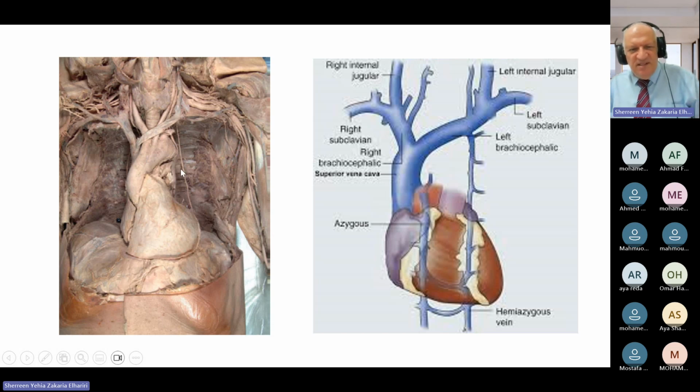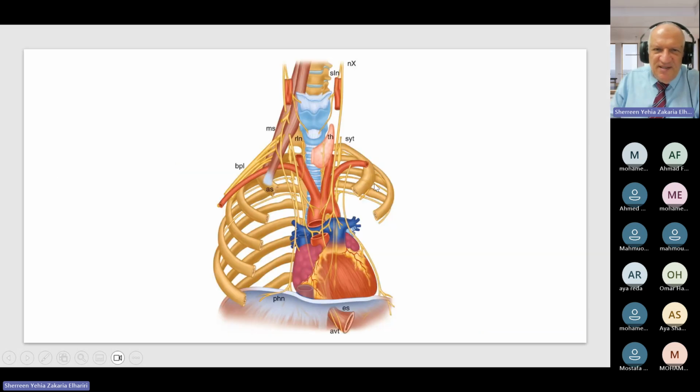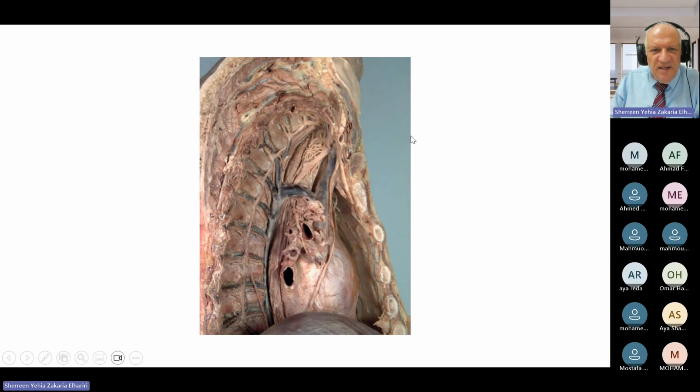Now they have a plastinated sample. It is flesh also, maybe a little clearer, but it is the same also. Okay, this is the vagus and the coronary. It is important to know phrenic nerve. So phrenic and vagus are important structures. This is also the intercostal and the branches of aorta and intercostal.